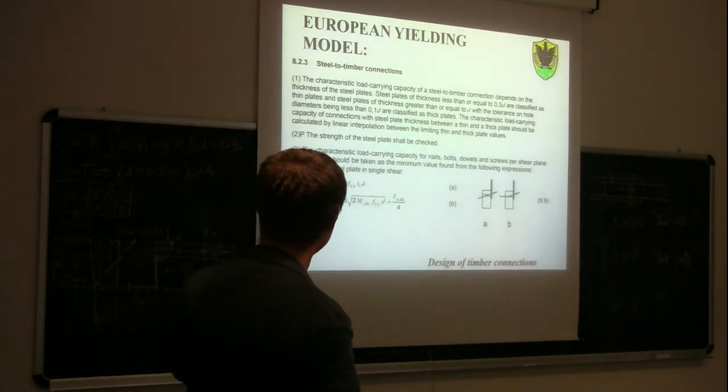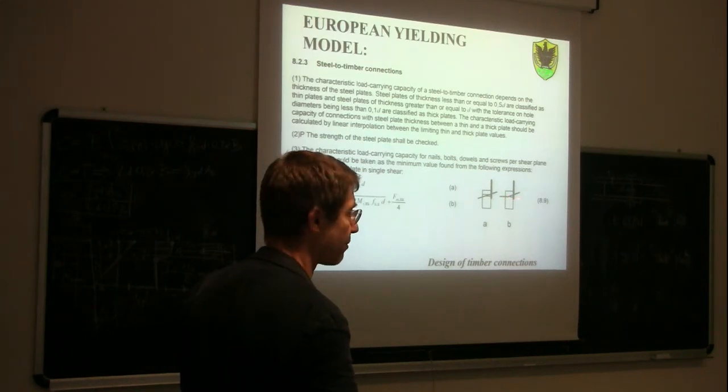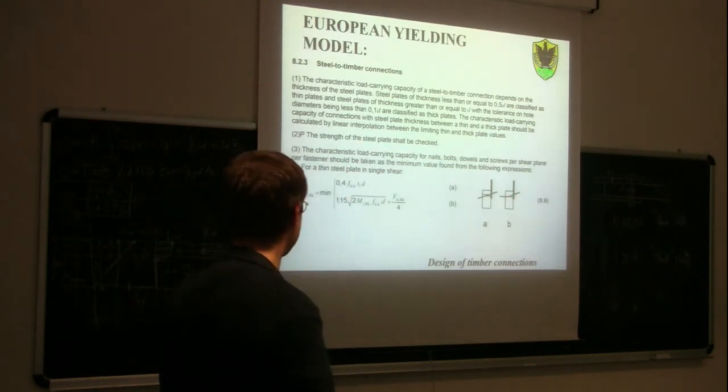So, if you have a thin steel plate in single shear, in this case here, timber and steel, then we can have two failure modes. One failure mode is pure crushing of the wood by the dowel, and the second failure mode is crushing with plastic hinge formation in the dowel.